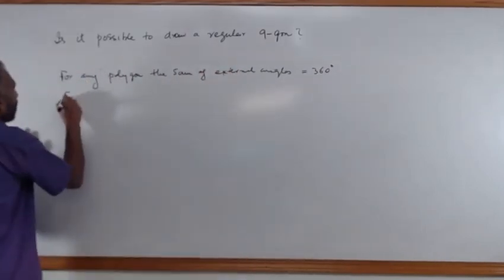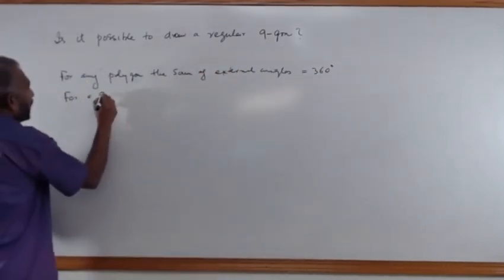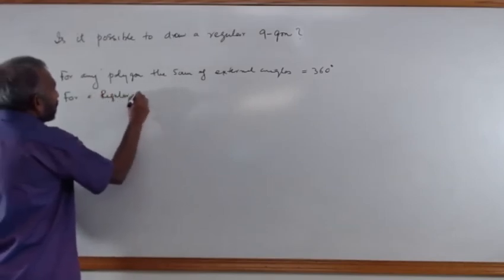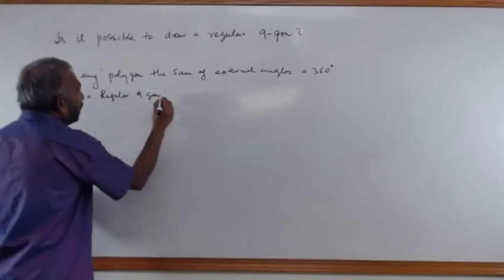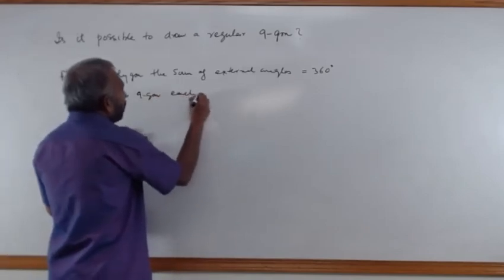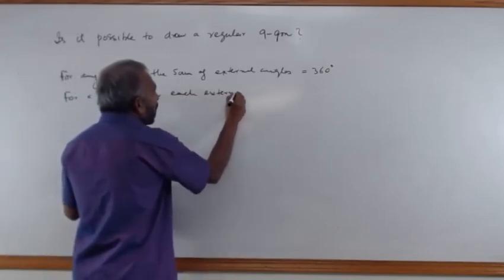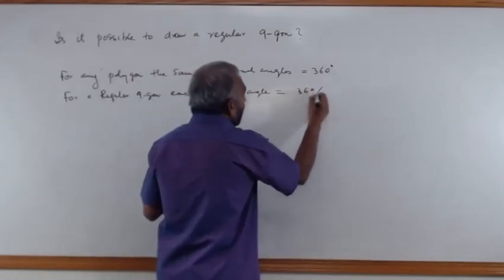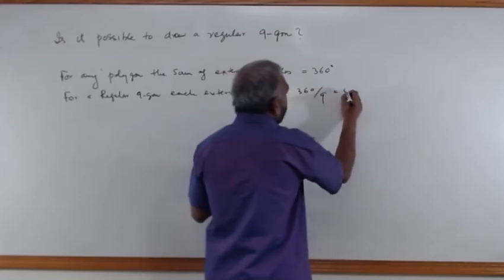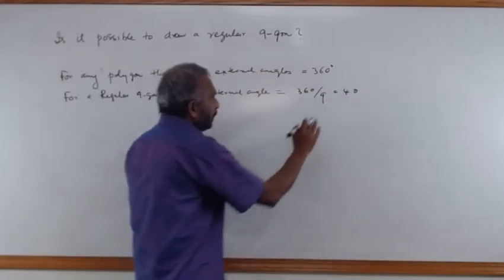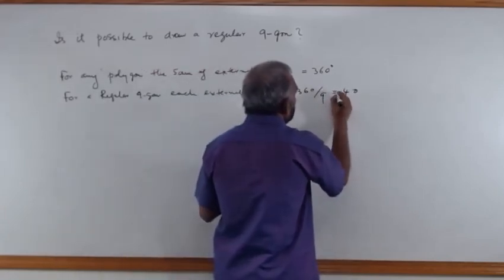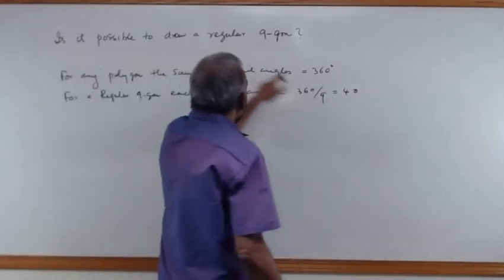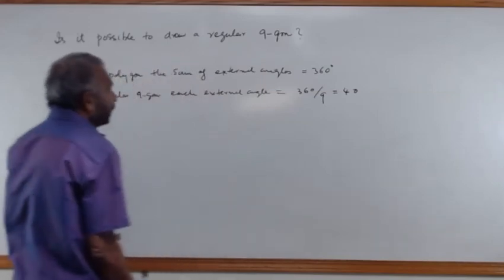So for a regular 9-gon, each external angle is equal to 360 by 9, that is 40. So if 40 can be constructed, then we are done.